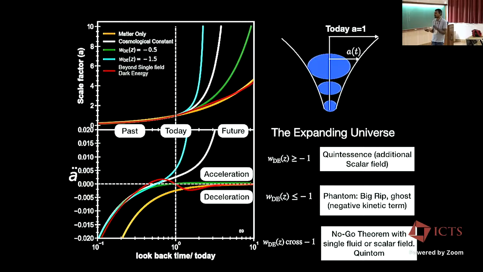The reason is that once it's there, dominating, the equation of state deviates from -1 and becomes smaller and smaller. And so the energy density of dark energy starts to reduce at some point. Once it starts to reduce, it will again become subdominant. In fact, you'll go back to the deceleration phase.